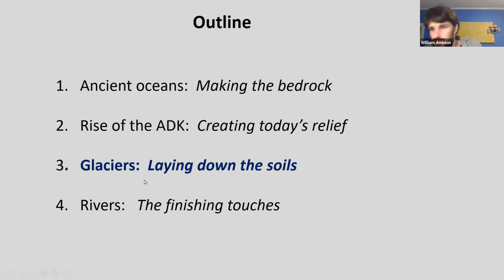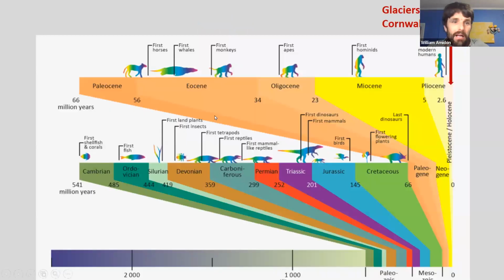All right, so we'll keep marching forward in time to the third part of the talk, which is about glaciers, which have sculpted our landscape quite a bit. So to go back to our timeline, glaciers are super recent. Again, we started out 500 million years ago. We made the sedimentary rocks.